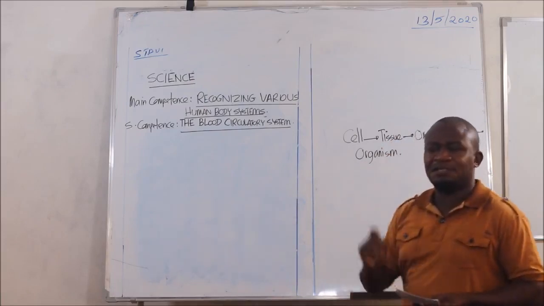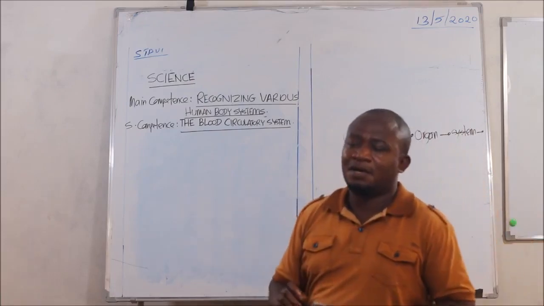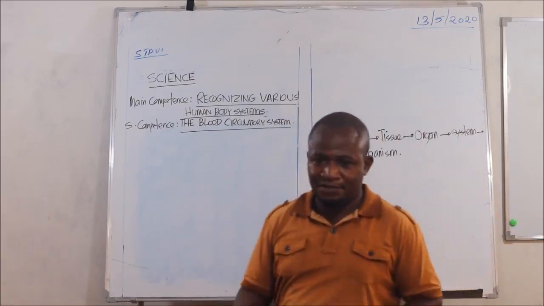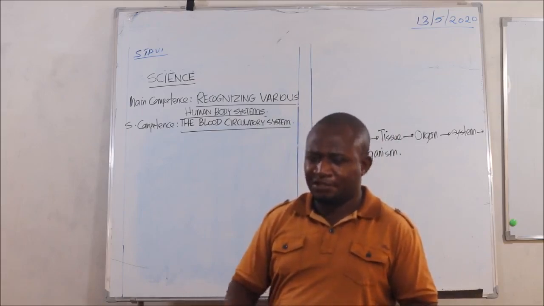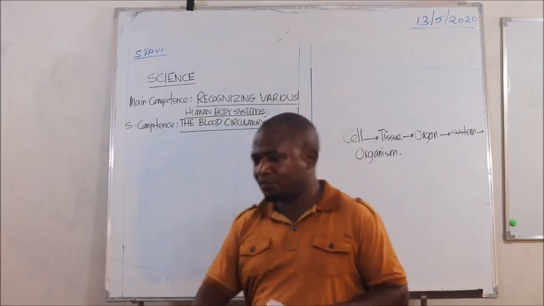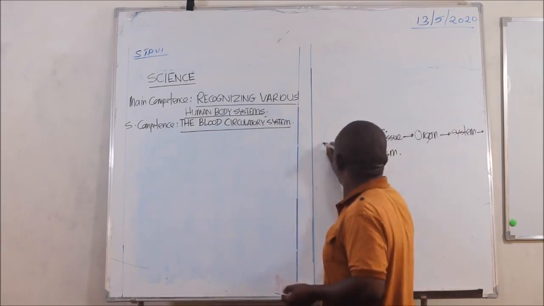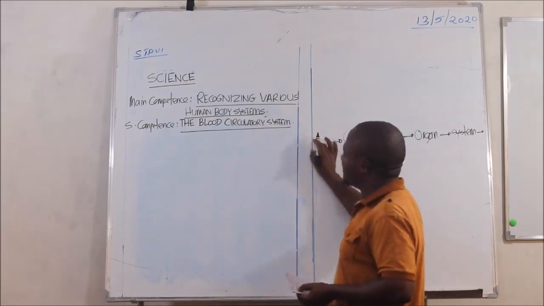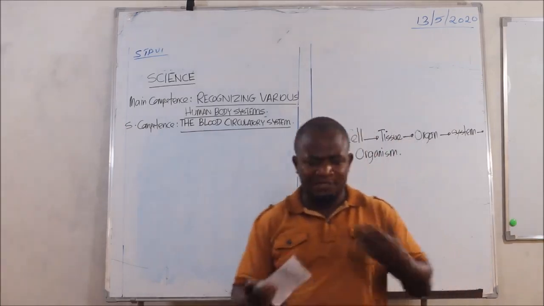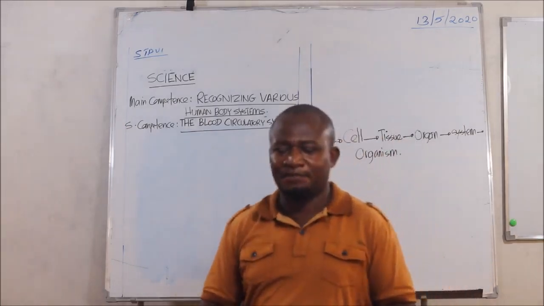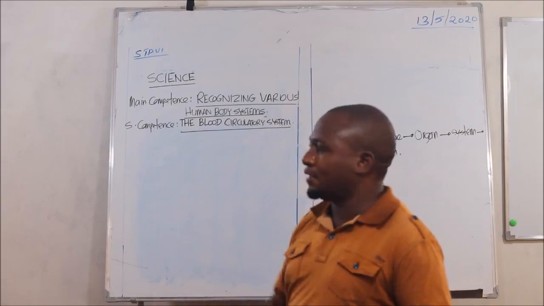But sometimes when you solve different exams, we might meet with very challenging questions. For example, one of the questions was, what comes before cells? Before cells, there must be something before cells. So what is it?